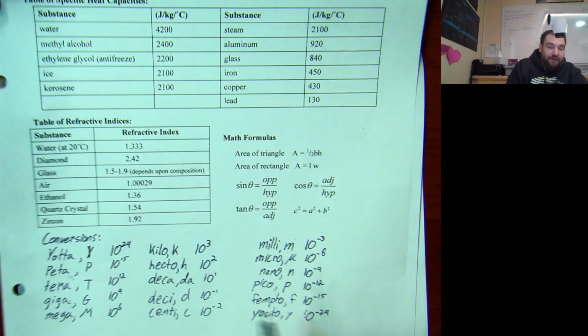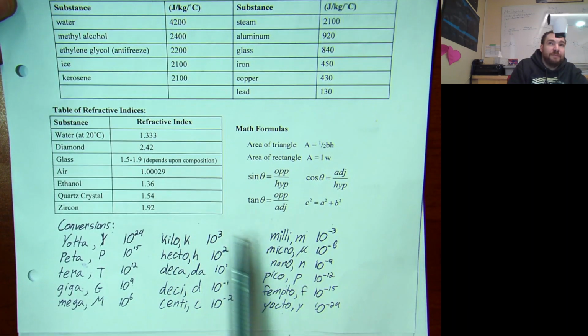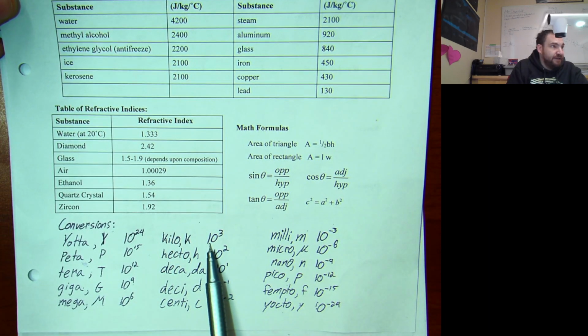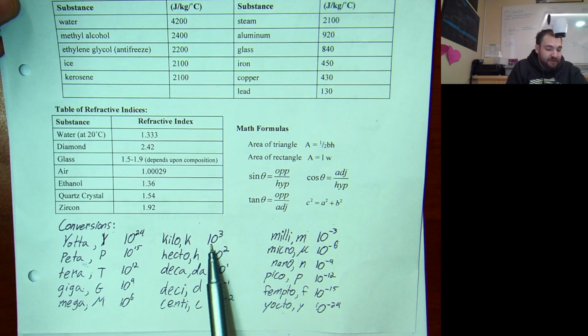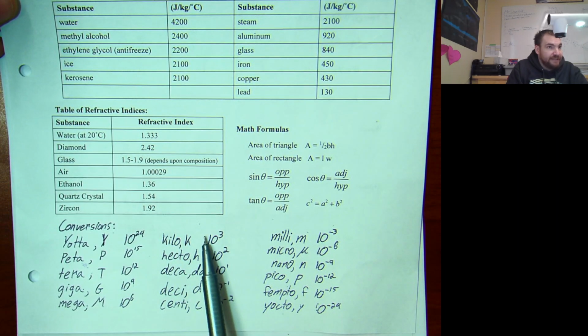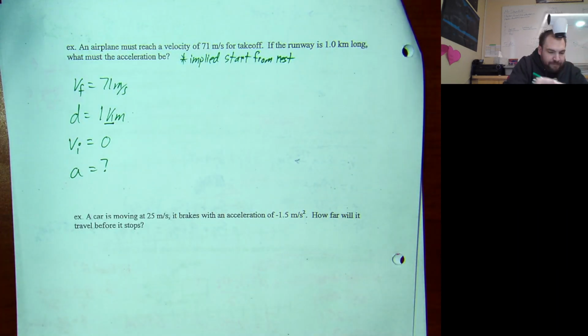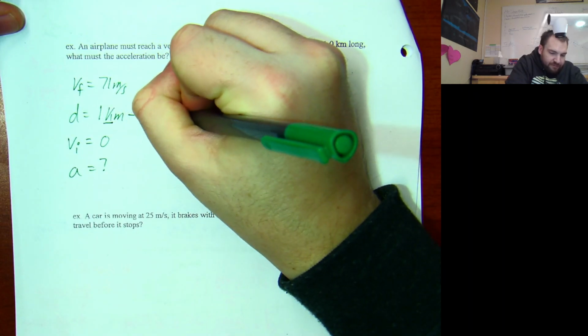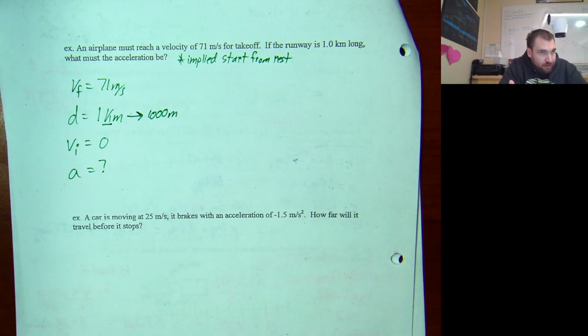Kilo means 1,000. If we ever forget, it's on the bottom of your formula sheet, which has all of the prefixes we could use. Kilo, I've given it to you in scientific notation. 10 to the 3 is 10 times 10 is 100 times 10 is 1,000. So kilo is 1,000. So 1 kilometer is 1,000 meters. And now we can go.